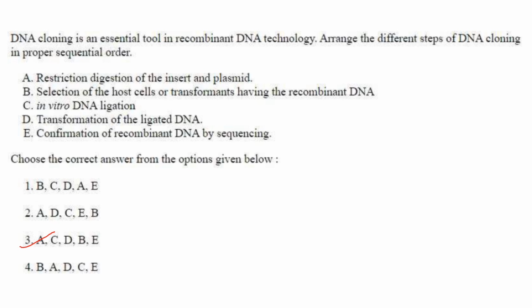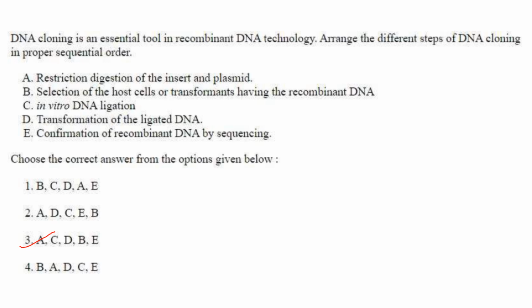Then next one. DNA cloning is an essential tool in recombinant DNA technology. Arrange the different steps of DNA cloning in proper sequential order. Restriction digestion of insert and plasmid, selection of host cells or transformants having recombinant DNA, in vitro DNA ligation, transformation. No, first will be restriction digestion of the insert and plasmid, A. Then you go for in vitro DNA ligation.